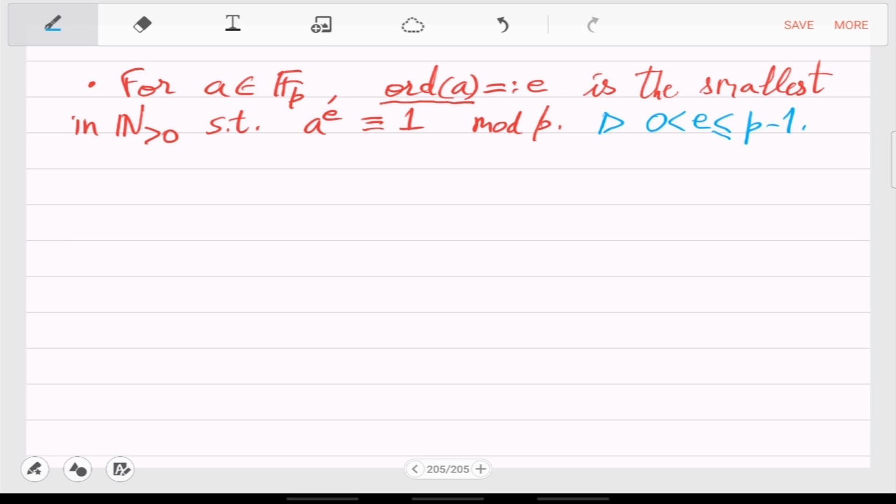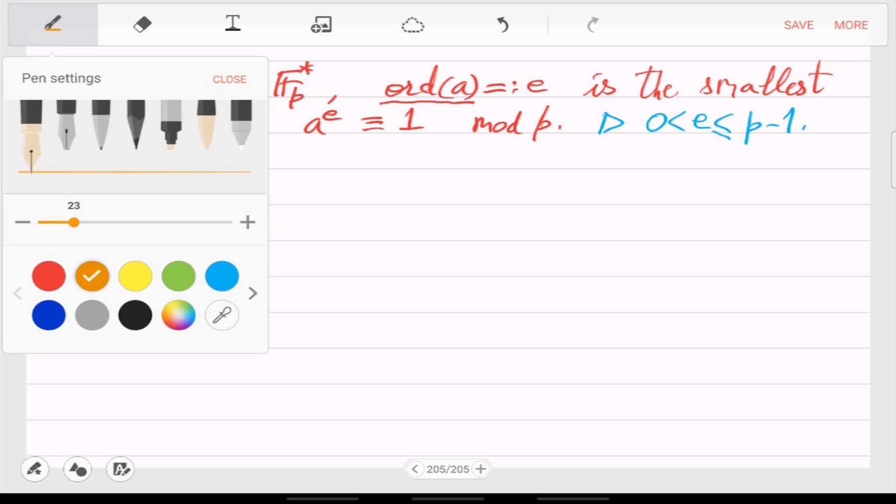So the correct answer will be between 1 and p minus 1. Is that clear? Yeah, so for every element you have an order, and I should actually say except 0, A is in Fp star. We are not interested in 0 in this.